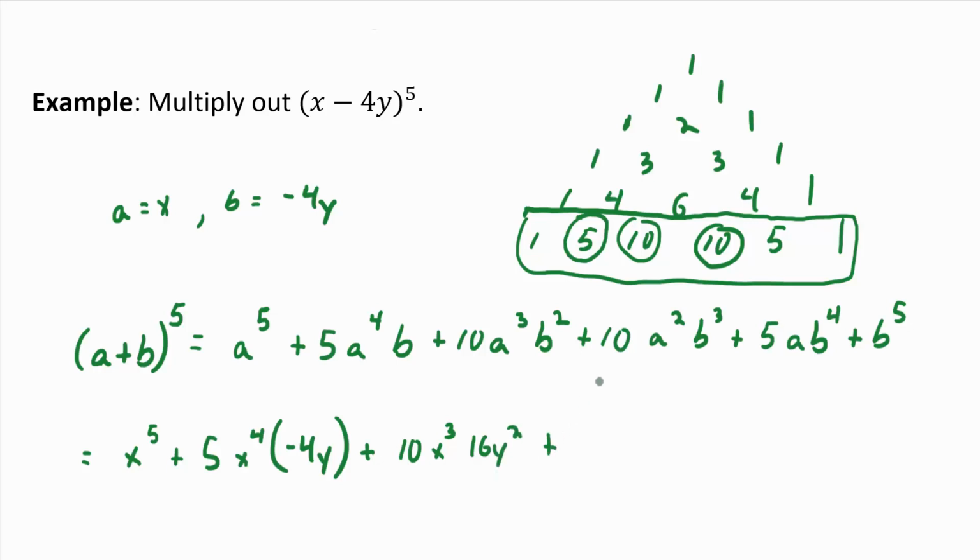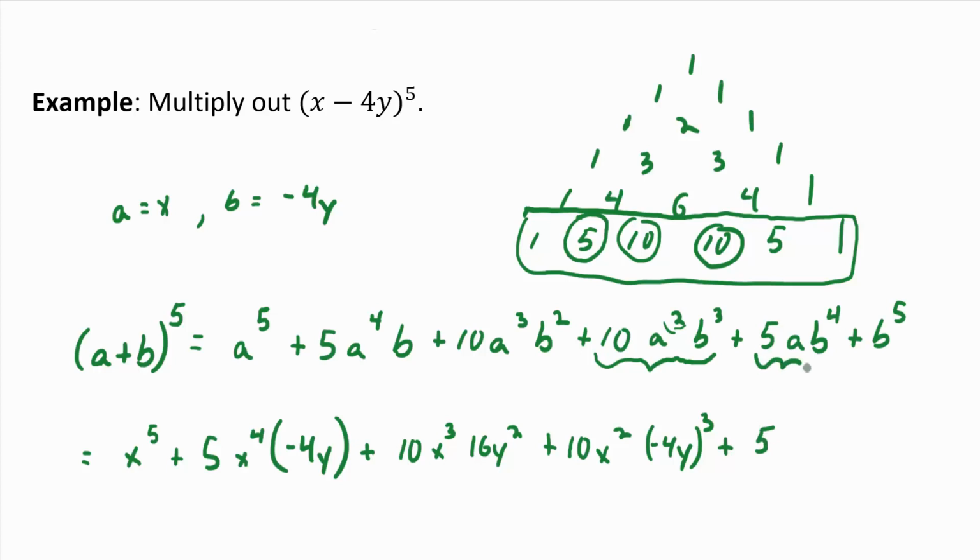Then what would the next one be, this guy? 10x to the fourth. 10x squared, right? And then b is negative 4y cubed, which is going to be negative 64y cubed. You could put that in right away if you wanted to. I'll do it in the next step.